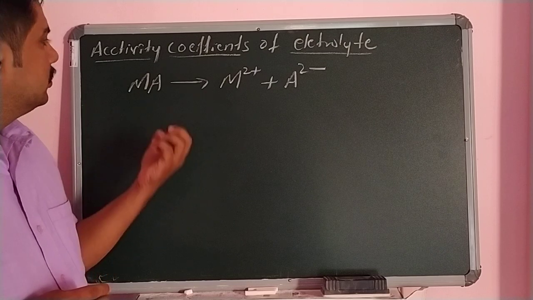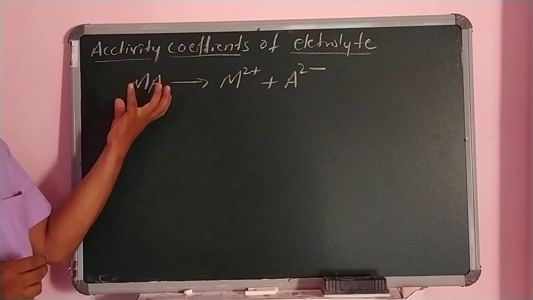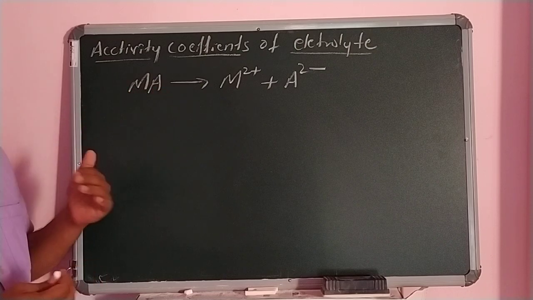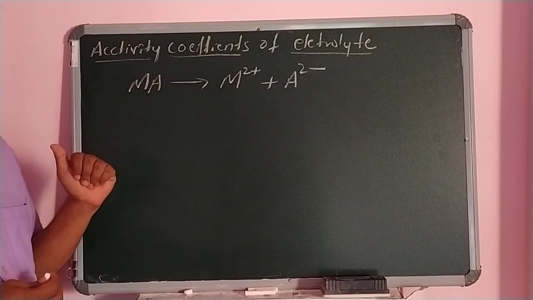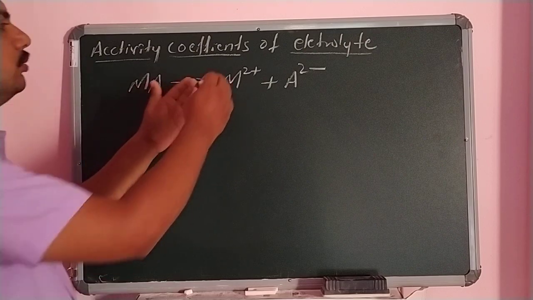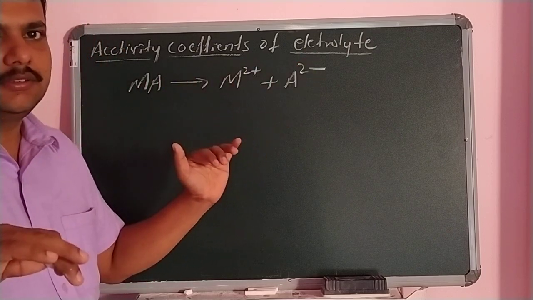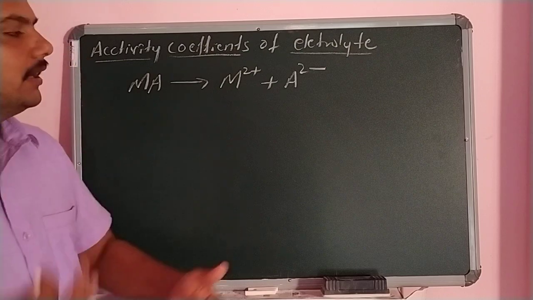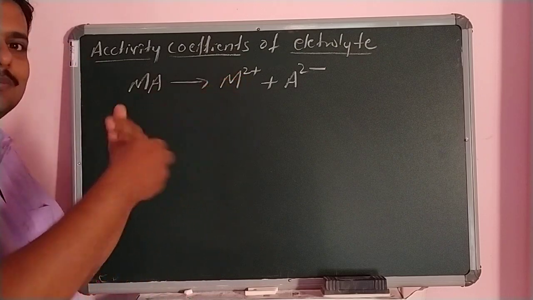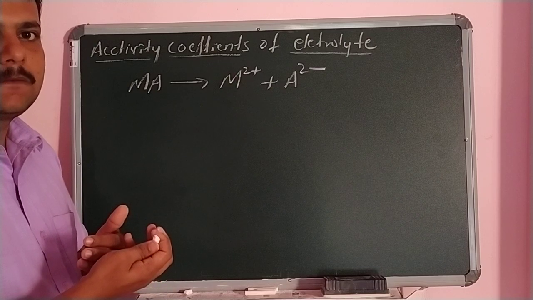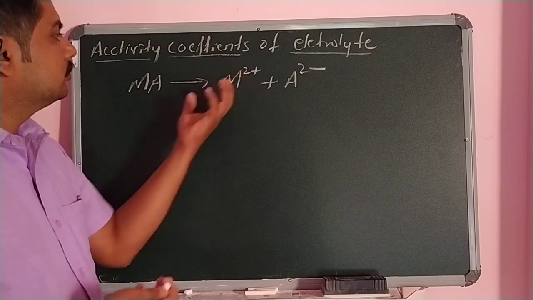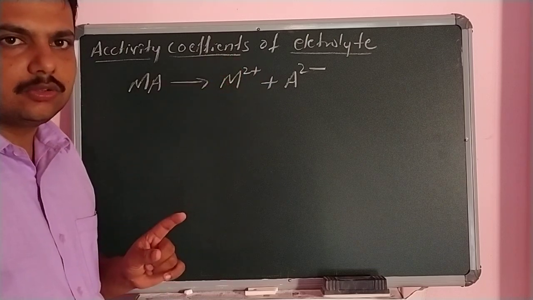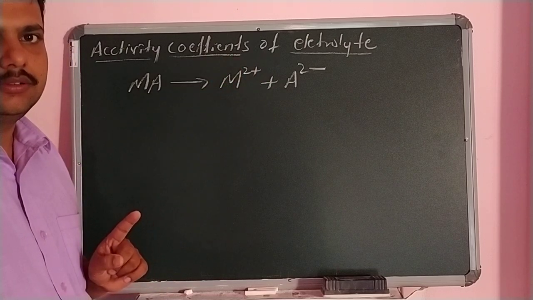Now suppose you are going to take the electrolyte MA. Now you are going to dilute the electrolyte MA. Now these two species are far away. After dilution, at infinite dilution, these species become ideal, and so the activity of these species is also a constant.